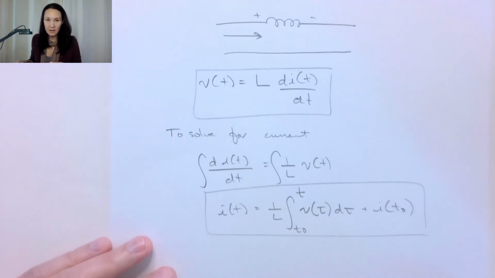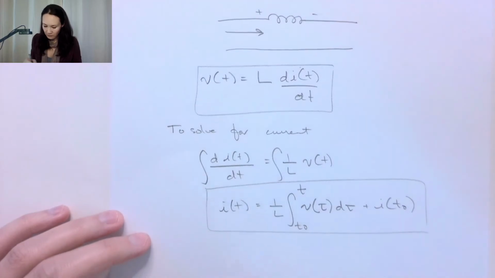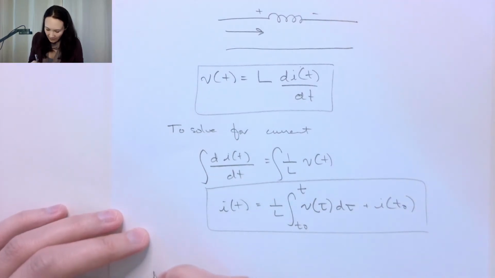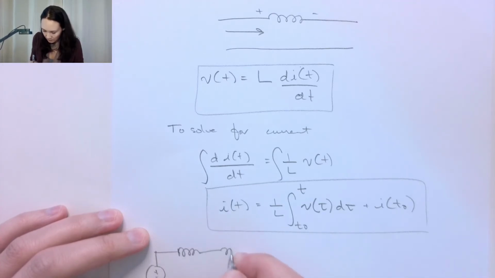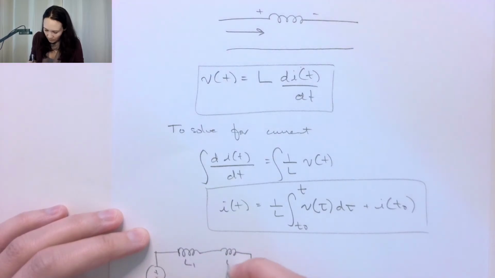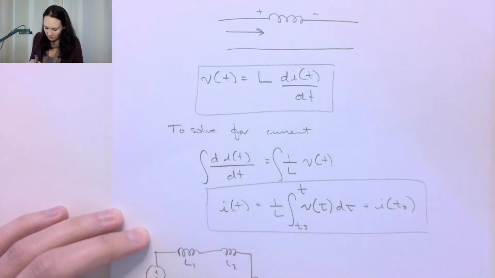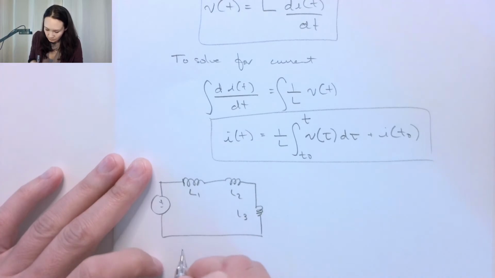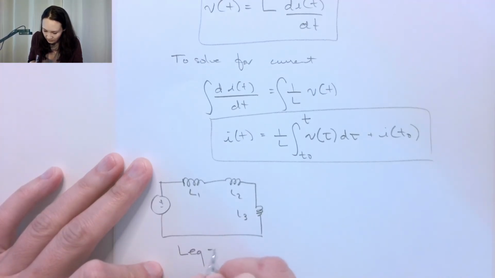Okay, so then just to continue with the review of inductors, the next thing we need to know is if we have multiple inductors in series, L1, L2, L3, then the L equivalent is just going to be the sum of these, L1 plus L2 plus L3.